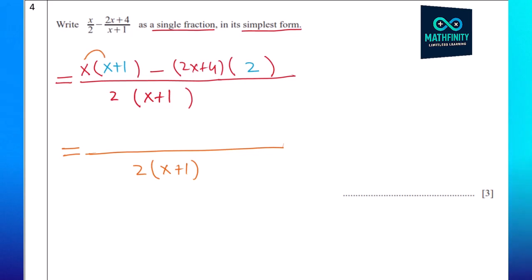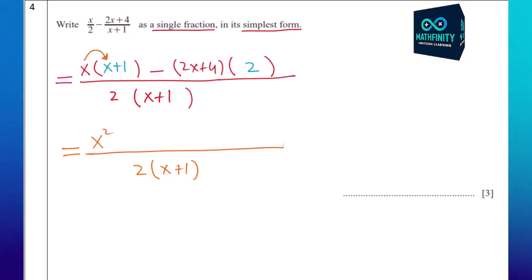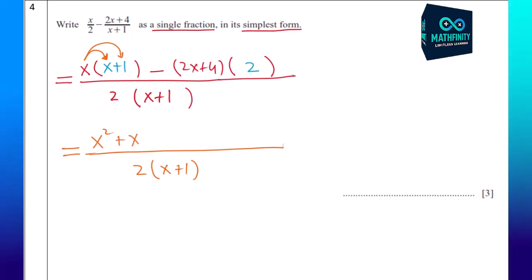Here, x is going to multiply with x, so it will be x square. And x you have to multiply here, so it will be positive x. And here, number 2 is on the other side, so it's the same thing.